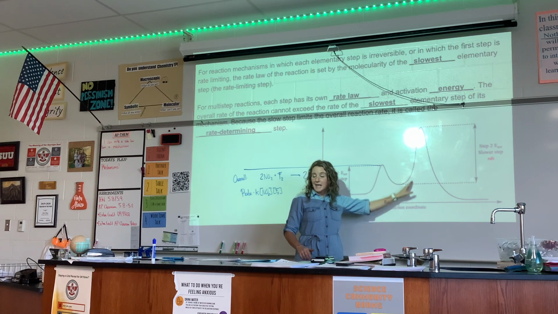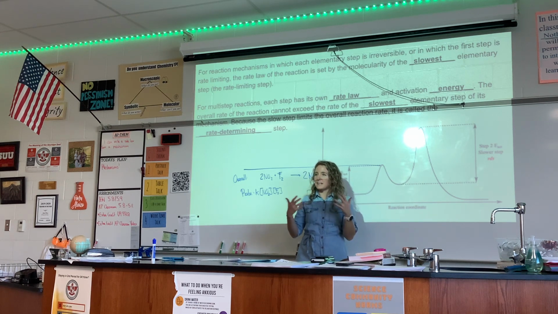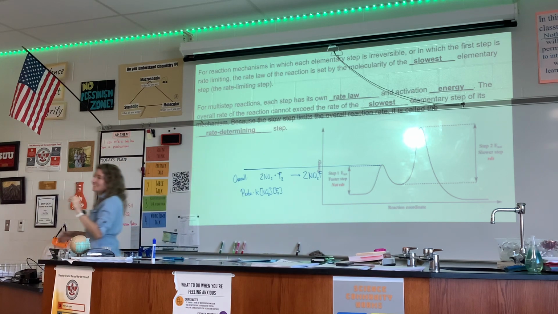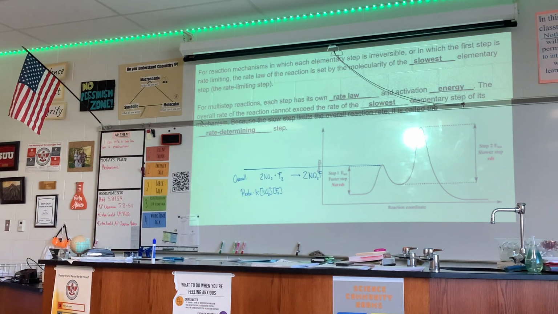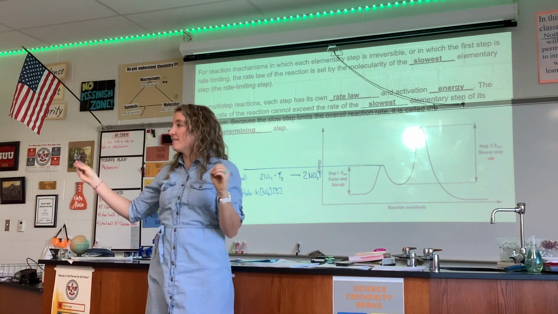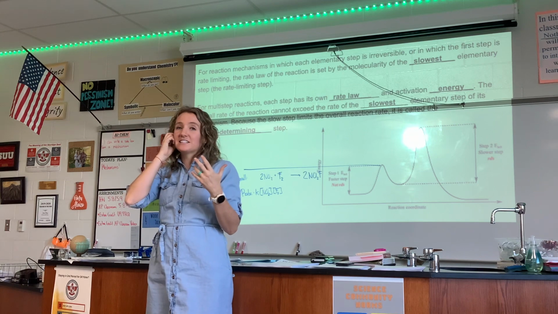You can isolate those as a scientist and say, oh, this was created, but it's not there in the end, and that's how they know its presence. But a mechanism rate law should match the data rate law that we learned how to do in the beginning.